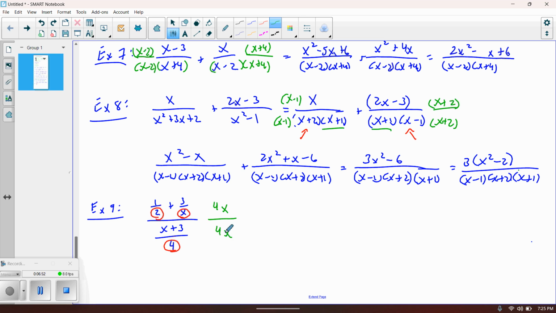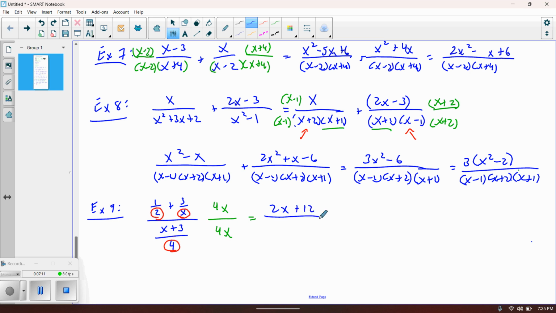So if you multiply 4x times 1/2, you're going to be left with 2x. If you multiply 3 over x by 4x, the x's are going to cancel out and you're going to be left with 12.